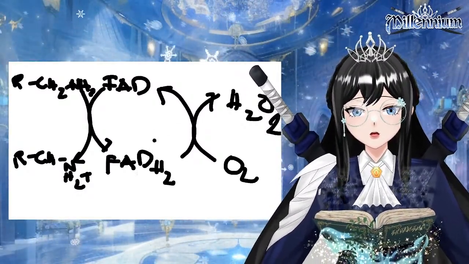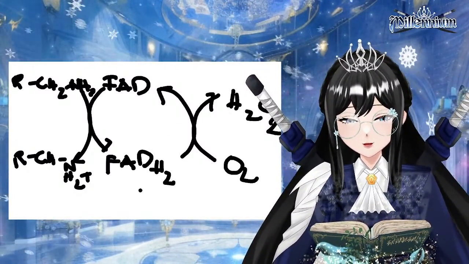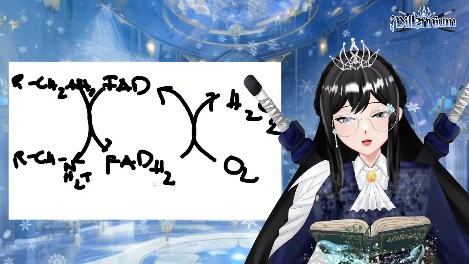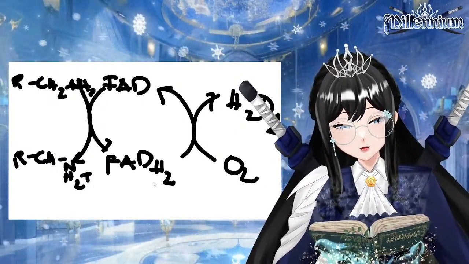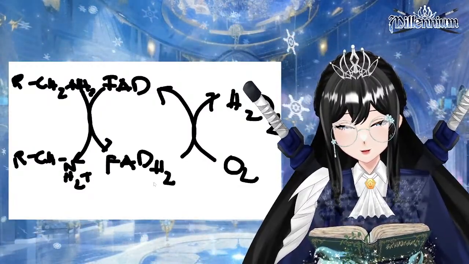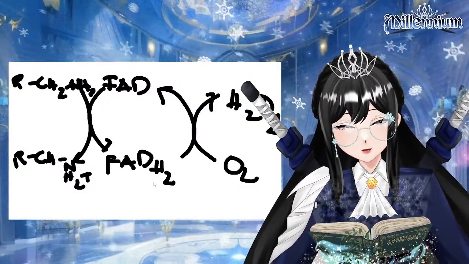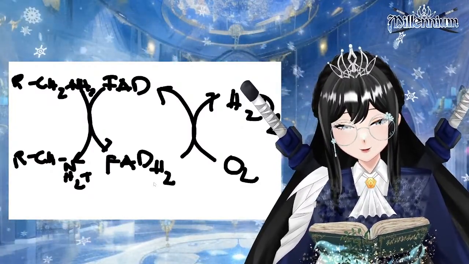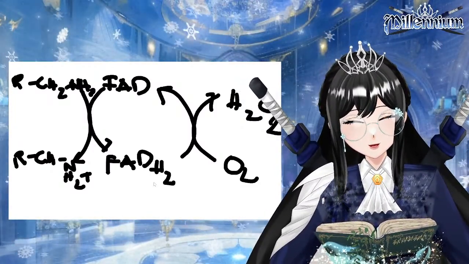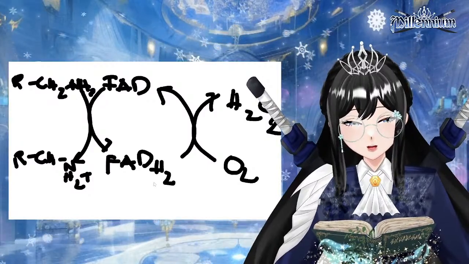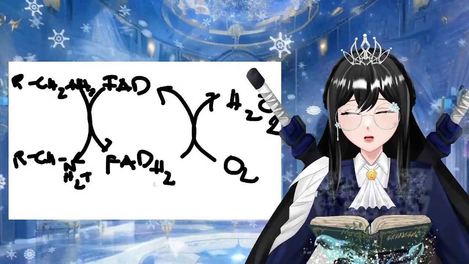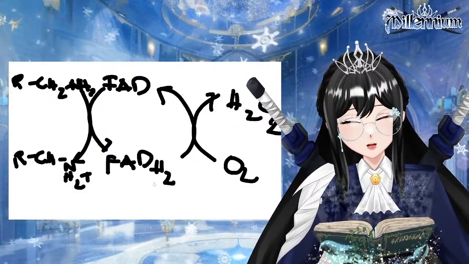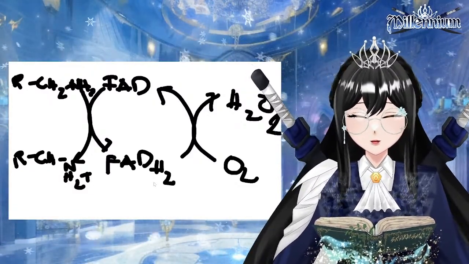And take note, ammonia is very, very toxic and must be safely transported and eliminated. The way that we get rid of that is it is incorporated into glutamine by glutamine synthetase in an ATP dependent reaction, and glutamine serves as a non-toxic carrier of ammonia in the bloodstream.